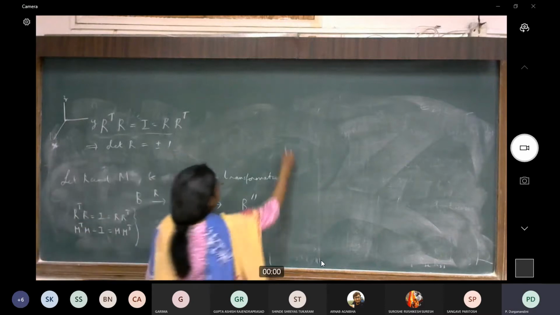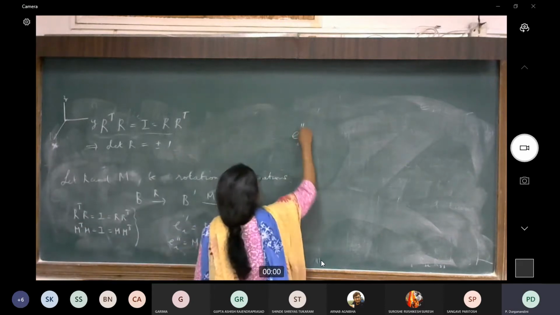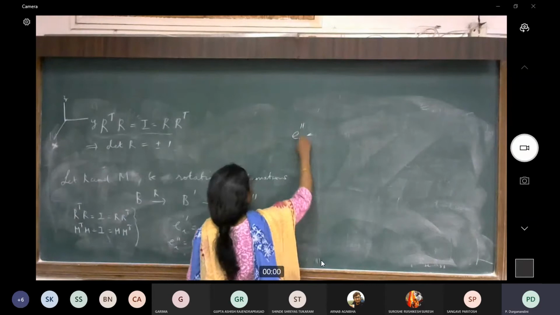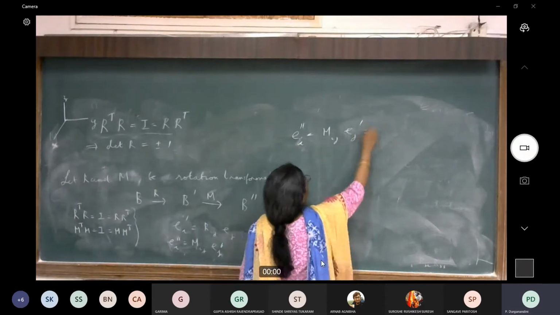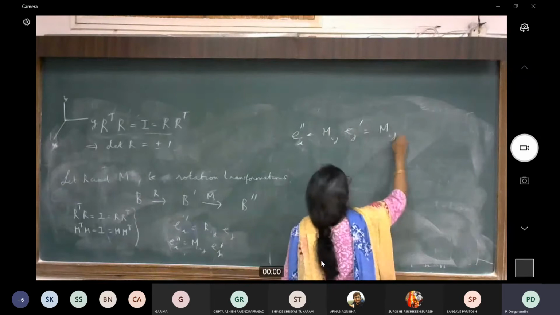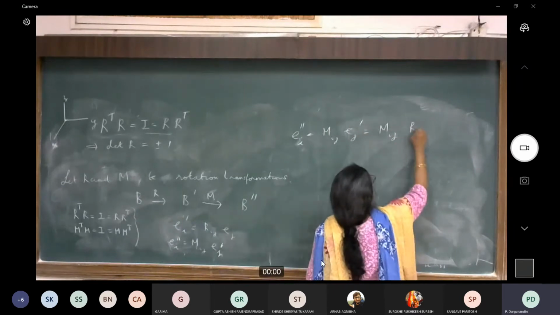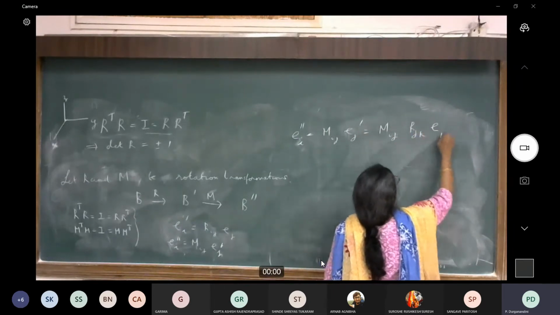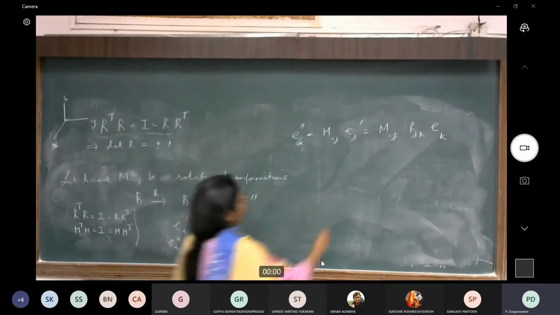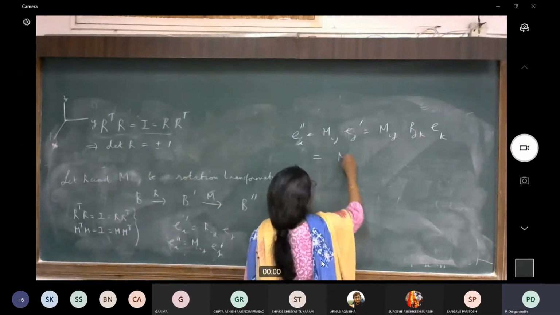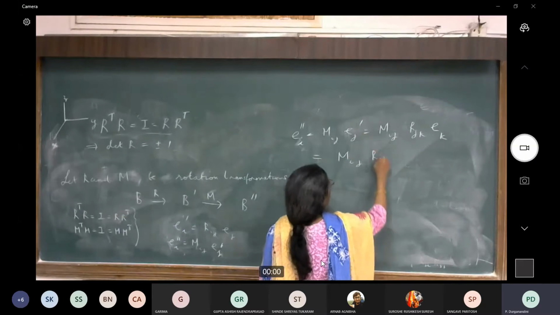So I can write that Ei double prime is equal to Mij Ej prime. But Ej prime I can write as Rjk Ek. Therefore, what I find is that this can be written as Mij Rjk.